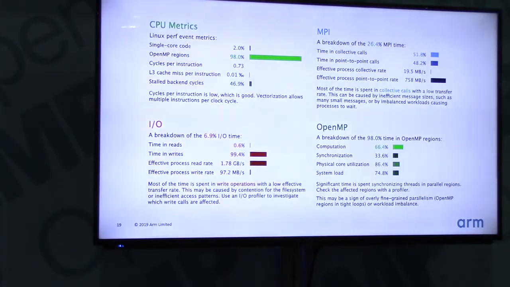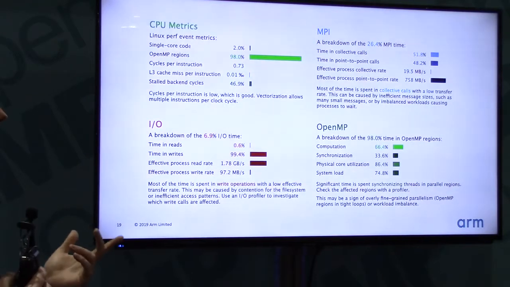From an OpenMP point of view, the interesting sections are in the top left, where we can see that 98% of the time is within some kind of OpenMP region. We have different information on MPI, I/O, things like that. If we go into the OpenMP section, we can see the breakdown of computation versus synchronization.